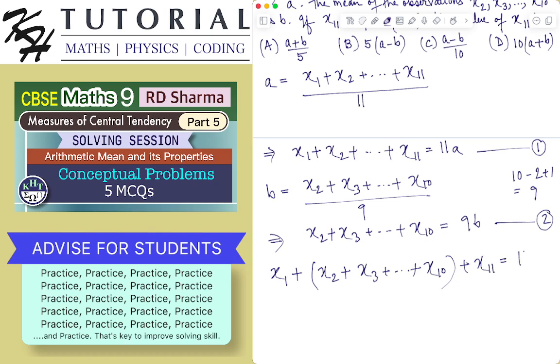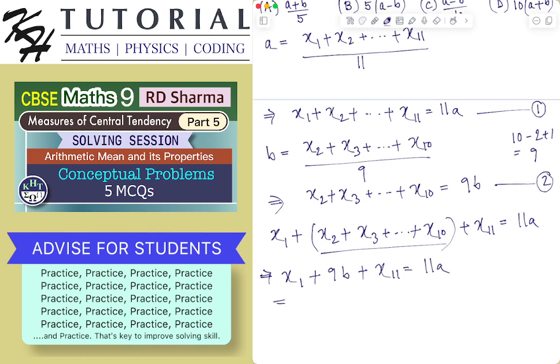The value of this I know from equation 2 is 9b. So I can say that x1 plus 9b plus x11 is equal to 11a. So this implies x1 plus x11 is equal to 11a minus 9b.